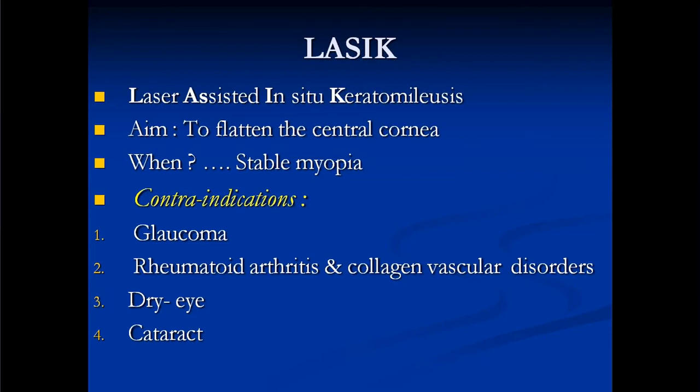As I told you, in simple myopia, it will become stable only after 21 years. So if anybody wants to go for LASIK surgery, they should wait up to 21 years because till then there is possibility of progression. So what are the contraindications then?